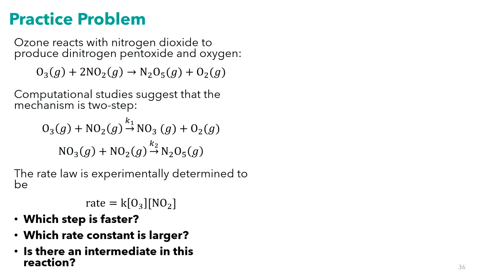Here's how I would approach this one. I would make the assumption, I would guess and check it. I'd say, hey, if the first step were the slow step, what would my rate law be? If I were to make that assumption, then I would write the rate law just off of that, and I'd ignore this fast step that comes later.